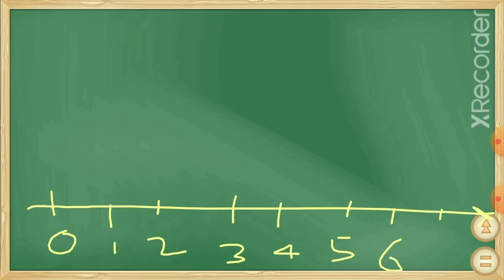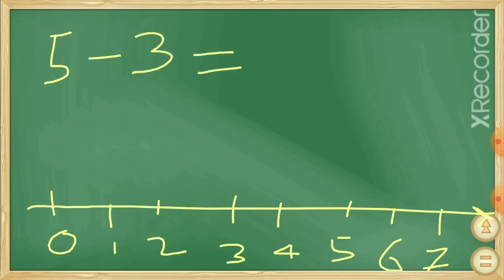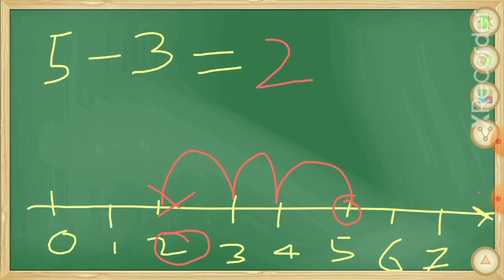Now again we are taking the example of 5 minus 3. So 5 is the first number, so we locate it on a number line. There it is, and then minus means moving towards the left, so we move 3 units towards the left and we get 2. So 5 minus 3 becomes 2.